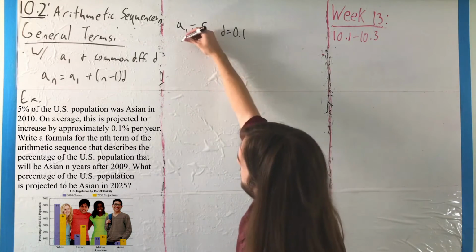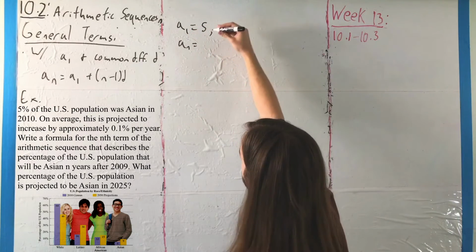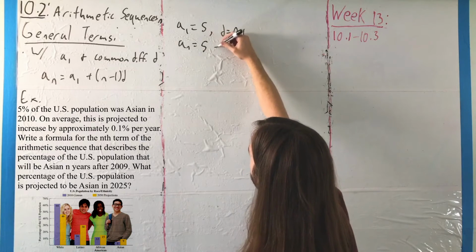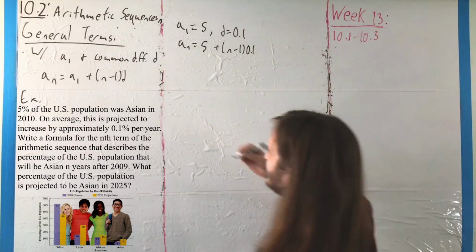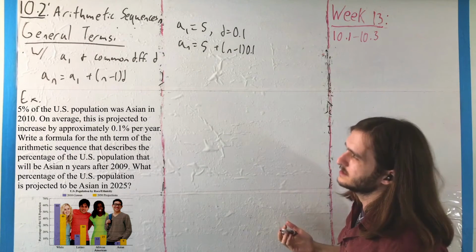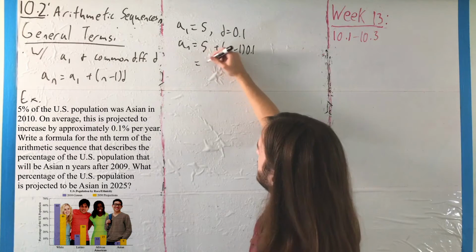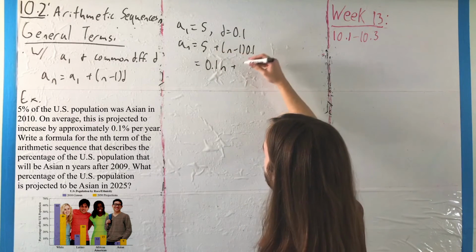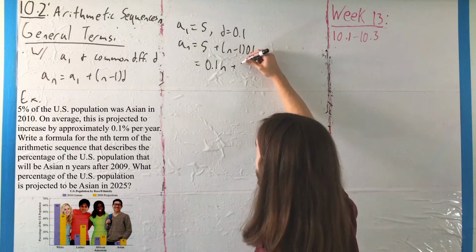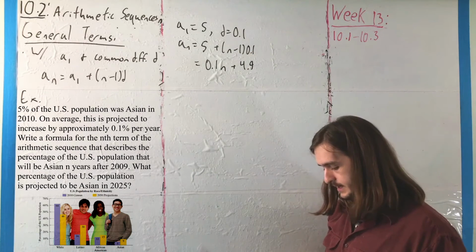So if we want to find an, we can just use that general formula. We would have 5 plus n minus 1 times 0.1, and usually we want to be a little bit more exacting than this. So we're going to multiply in that 0.1 and simplify. We'll get 0.1 times n plus 5 minus 1 times 0.1, or 5 minus 0.1, for 4.9.